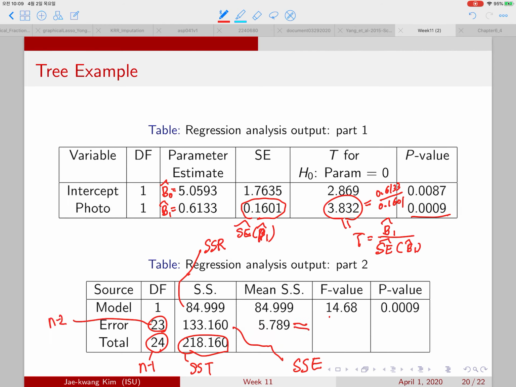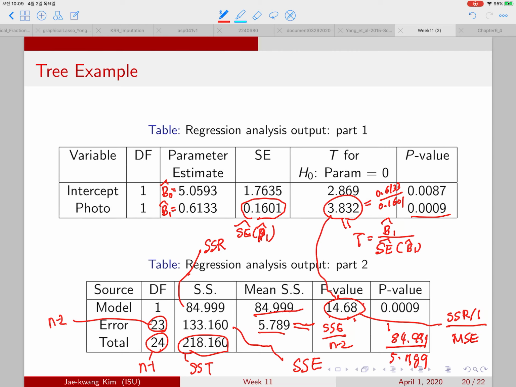Okay, so this one is MSE, the SSE divided by n minus 2, and this is the F. F is the SSR divided by 1 divided by MSE. Okay, so this guy divided by this, so that means 84.999 divided by 5.1789, and the connection is that this value is 3.83 squared.